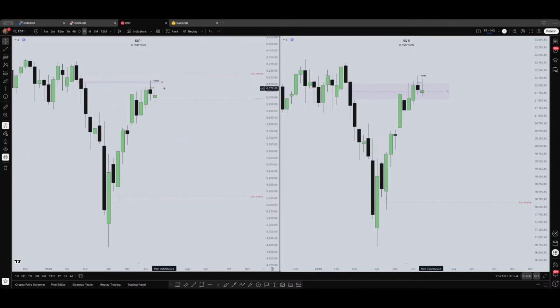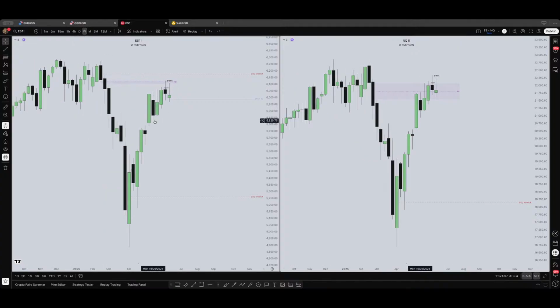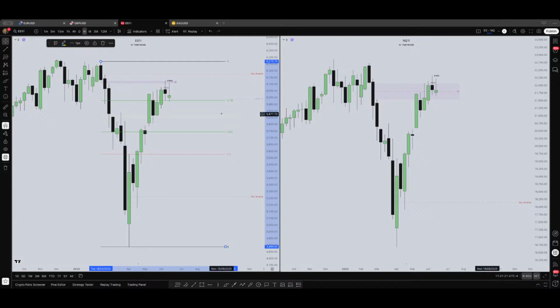Okay, so for example, in this case, both assets are in premium, so if you take the range from here to here, you see price is super premium.